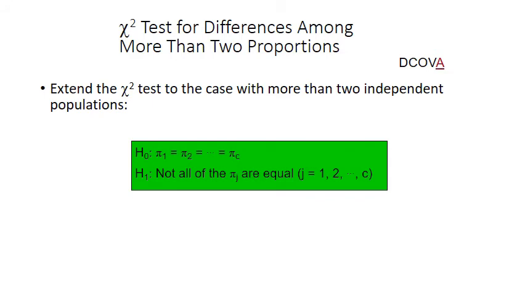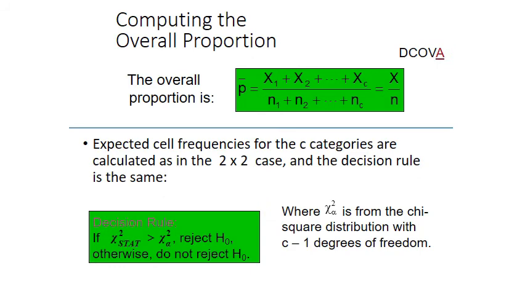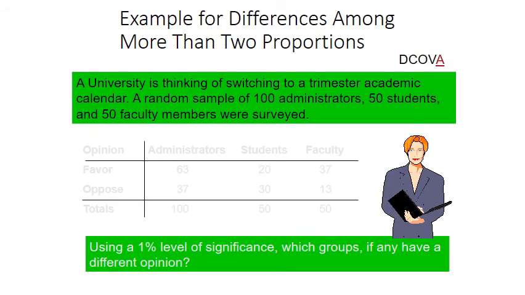So more than 2 proportions is exactly the same way, same formula, but you will have a different contingency table. Like here you can see we have 3 columns and 2 rows. 3 columns minus 1 and 2 rows minus 1, so its degree of freedom will be 2.